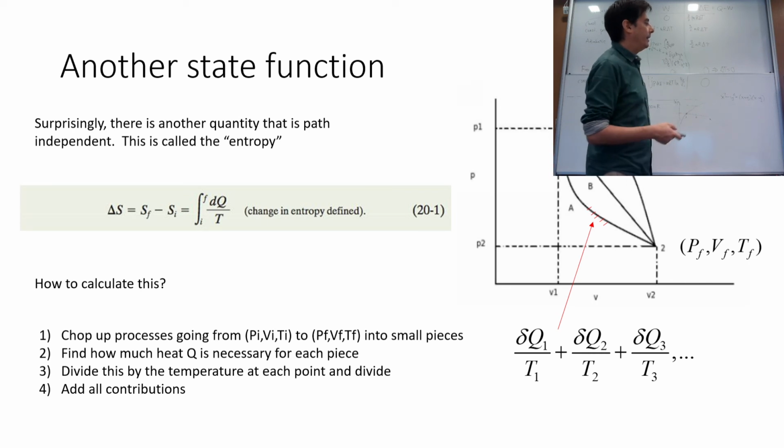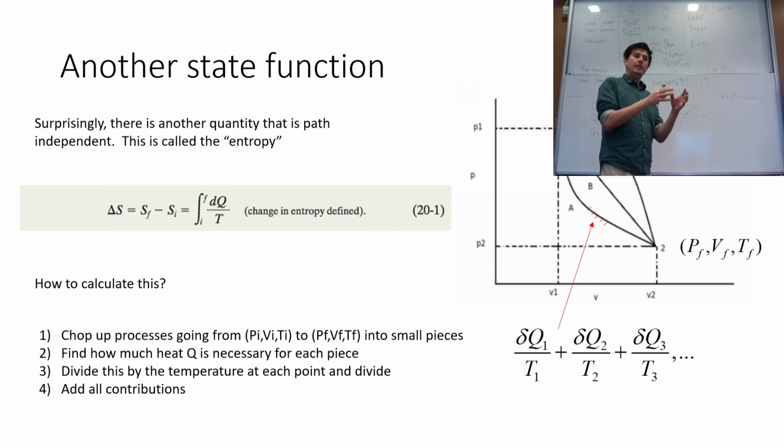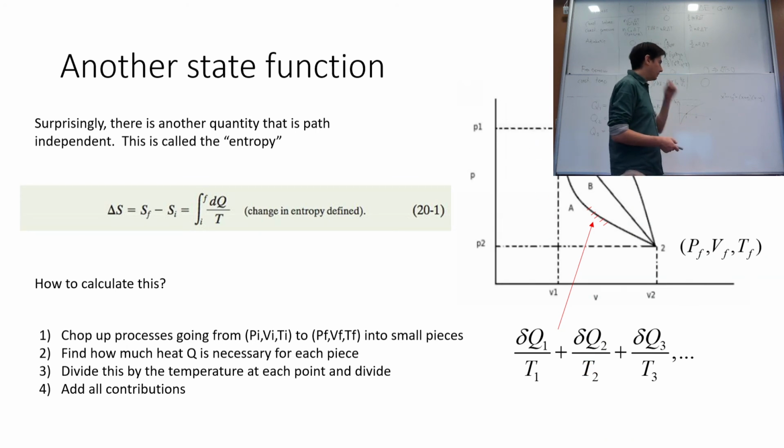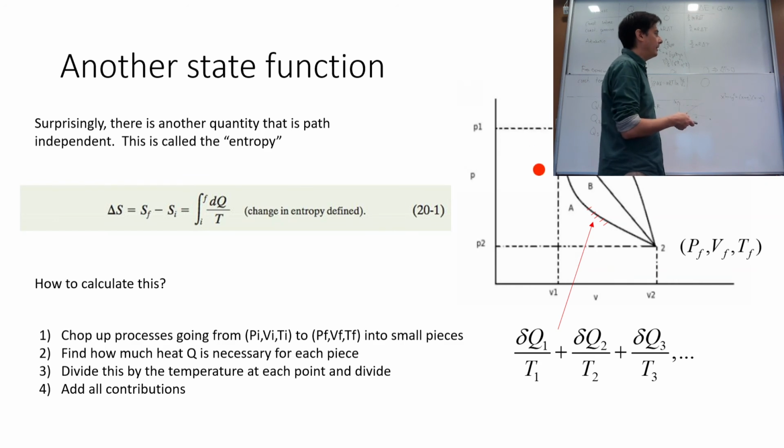And then that will have maybe a slightly different temperature, so I've called it T2. And some heat will go in or out of the gas. And then we keep on doing that until we finally get all the way here, okay? So we add all the little bits of heat that have gone in or out of the gas, and we divide by the temperature each time.